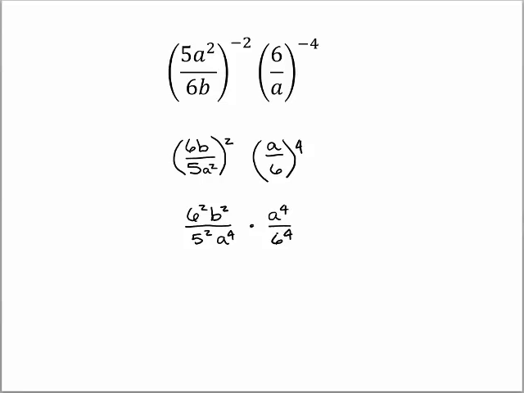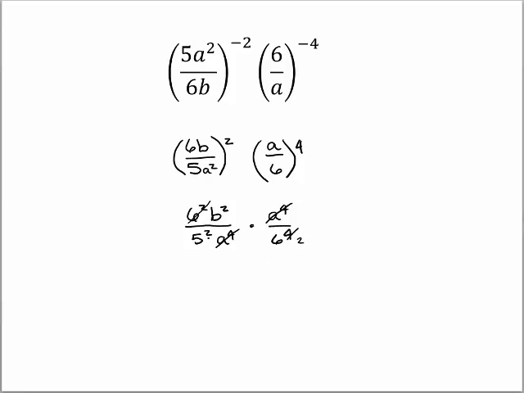Okay, we can simplify this. We have 4 a's here, and we have 4 a's there. That did a lot for us. Okay, now, all right, now we're still putting where the most is. So we have 2 6's here, and we have 4 6's here, so we're going to change that to a 2.